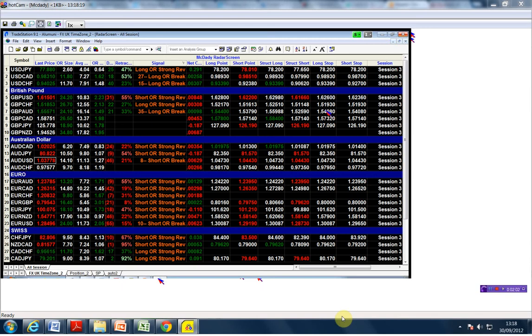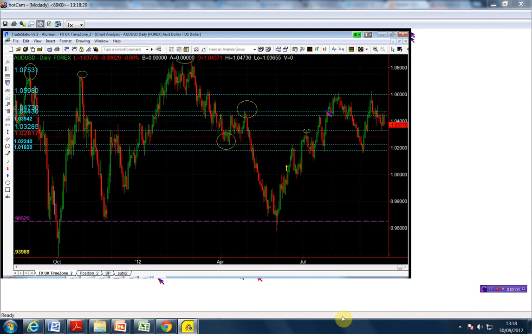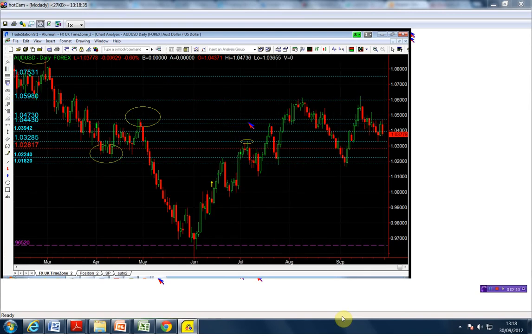If you look at the chart for the Aussie dollar, you might have noticed when we were talking together in the mentoring room, the Australian dollar is one of the currencies that reacts very well to these structure points.